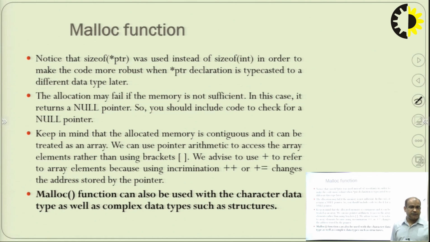We advise using the plus arithmetic operator to refer to an array element, because using incrementation, plus plus or plus equal, changes the address stored by the pointer. One important thing, the malloc function can also be used with the character data type as well as complex data types such as structure, union, etc.